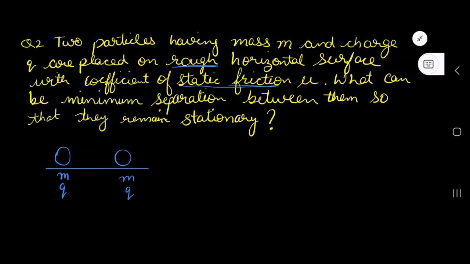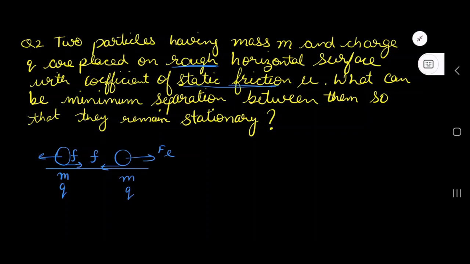So the situation is like this: both charges experience this repulsive force, and if this charge starts moving towards the right, it will experience a friction force against the motion. So the friction force will be on this side. Similarly, this particle will experience frictional force on that side.